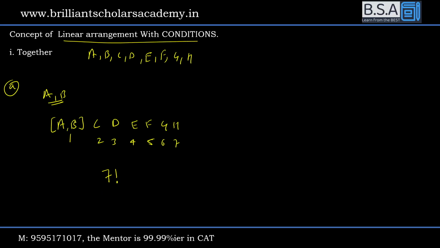A and B will go as a group. When you say they are together, can I rearrange them within the group?